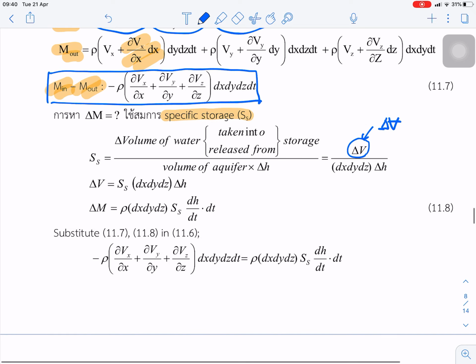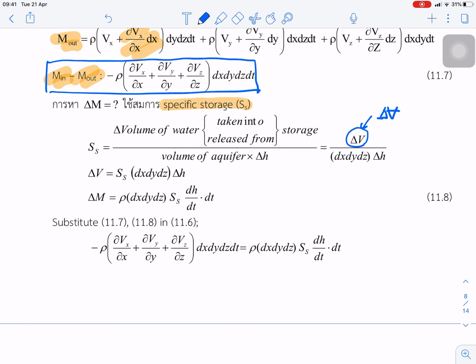Ss is the volume of water released from storage divided by the volume of aquifer and divided by the change of head. Based on this, we can derive the equation for delta m, based on the definition of specific storage.